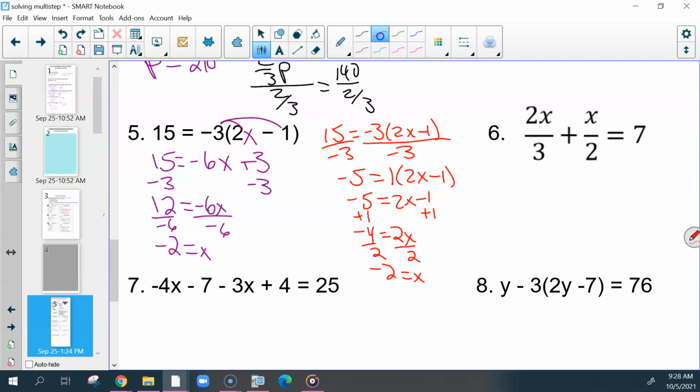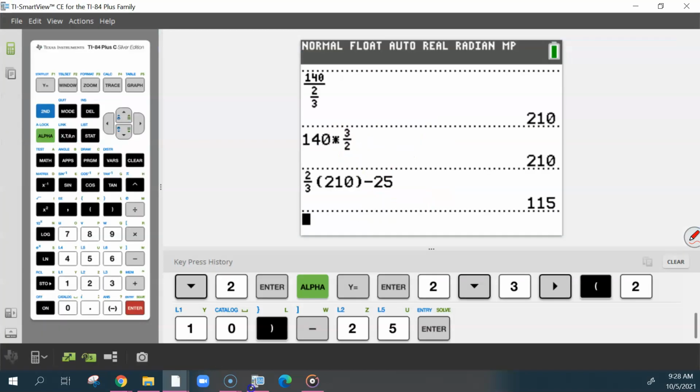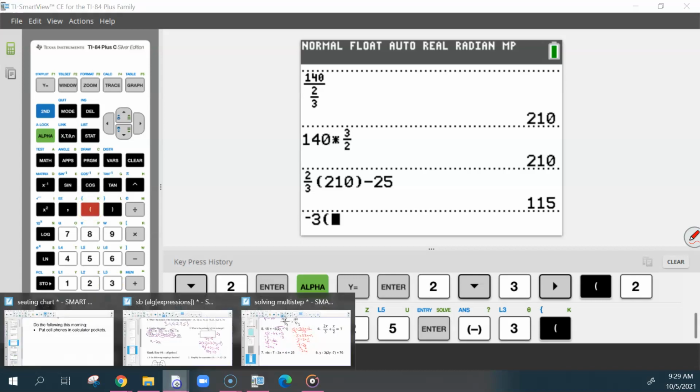Do we have any questions on that second method? X minus 1.